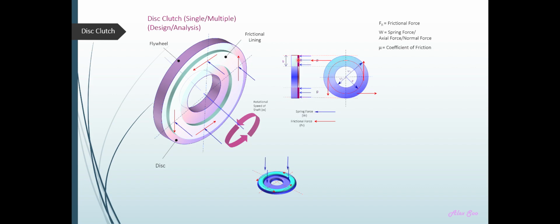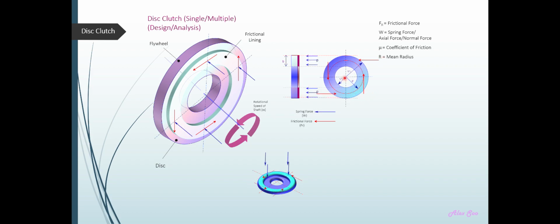It depends on the surface of the frictional lining. So if the surface is rough, then the coefficient of friction is high. If the frictional surface is smoother, then the coefficient of friction is lower.